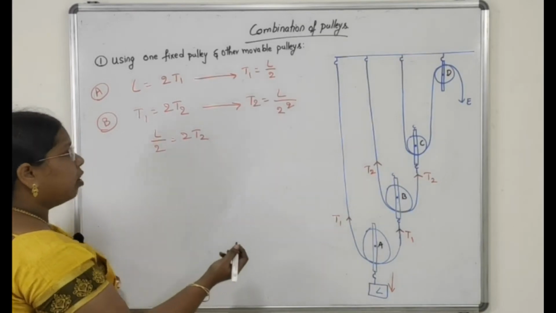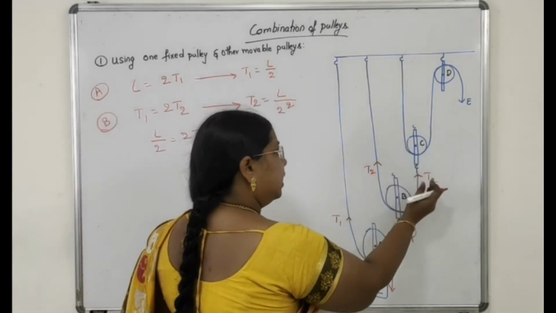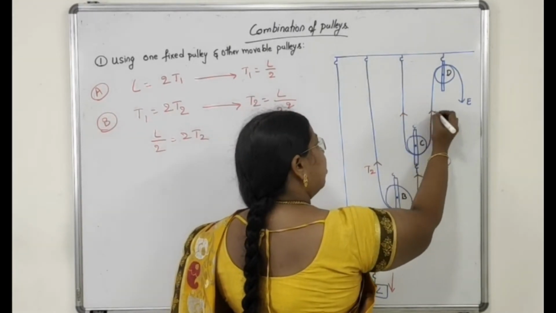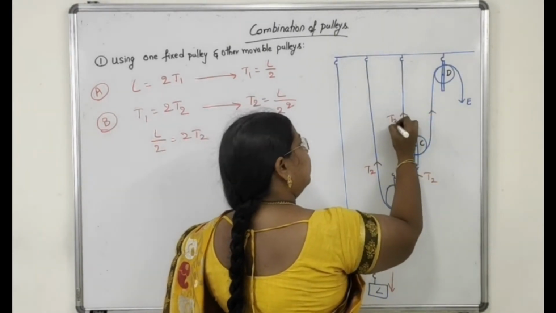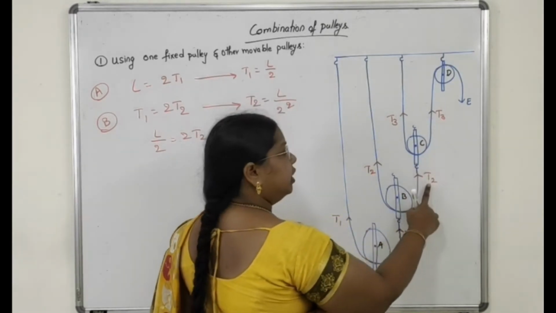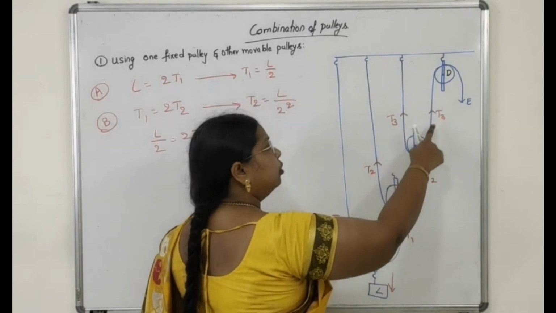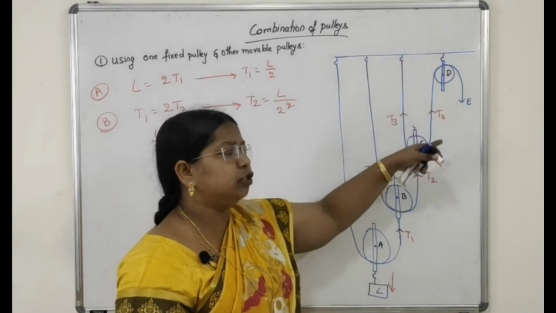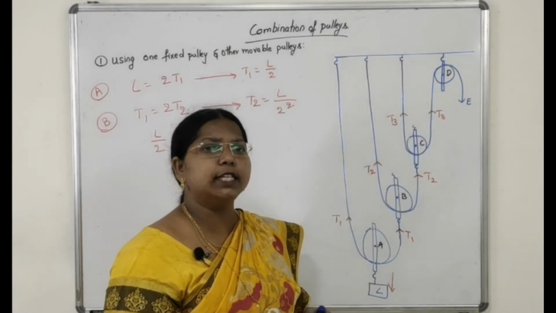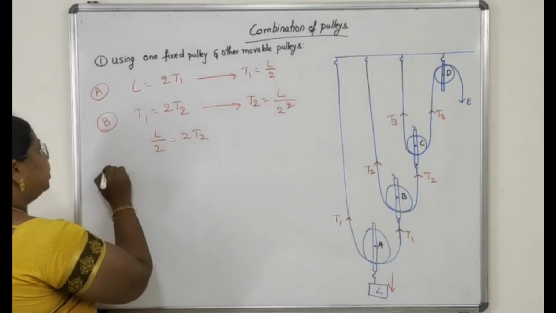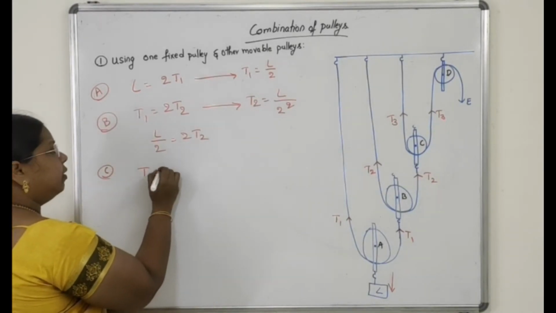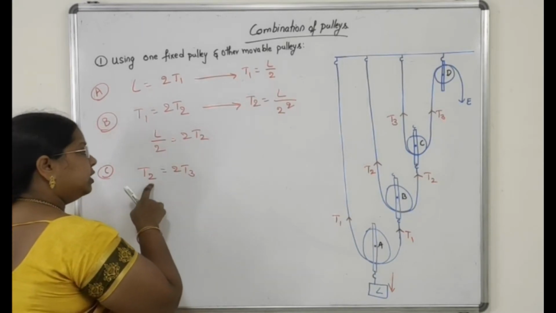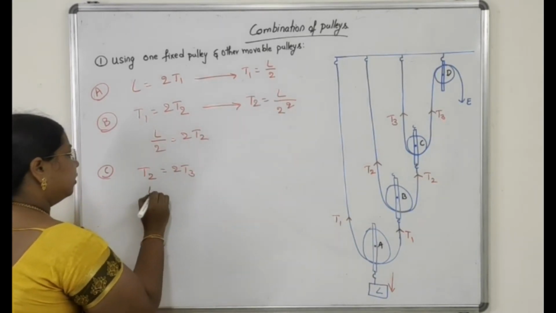Now we will talk about pulley C. The tension T2 is again supported by the two strings of pulley C with tension T3. So your T2 is equal to 2T3, because the tension T2 is supported by the two segments of the mobile pulley C. Let us substitute T2, which is L by 2 square.